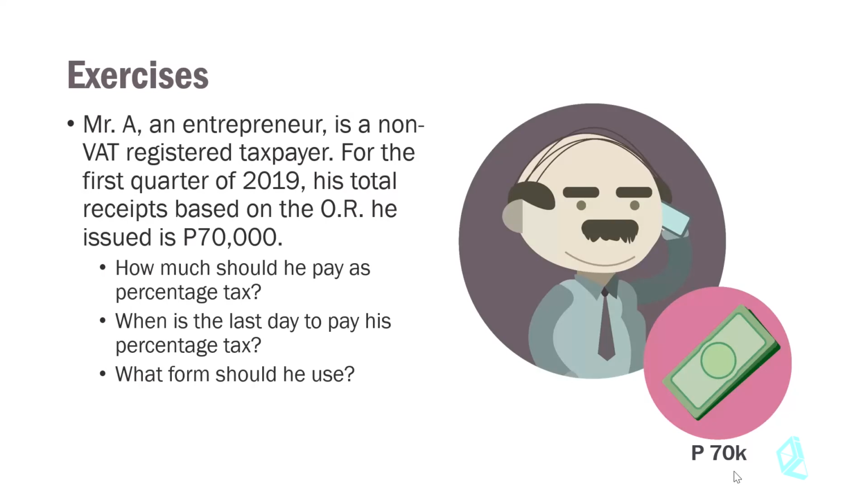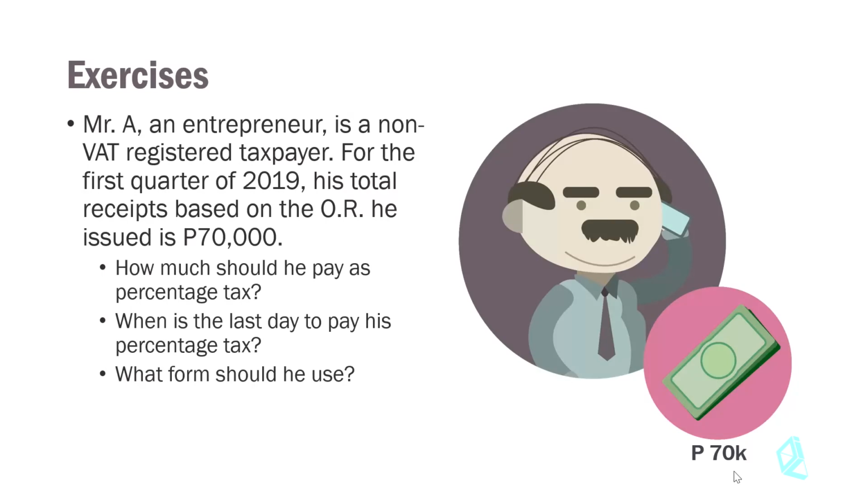So obviously, if you get 70 times 4, that probably won't reach 3 million pesos. So he's really a non-VAT registered taxpayer. Now, how much should he pay as percentage tax? When is the last day to pay his percentage tax? And what form should he use? Okay, so let's get those brains working now. I'll give you a few minutes to answer those questions.